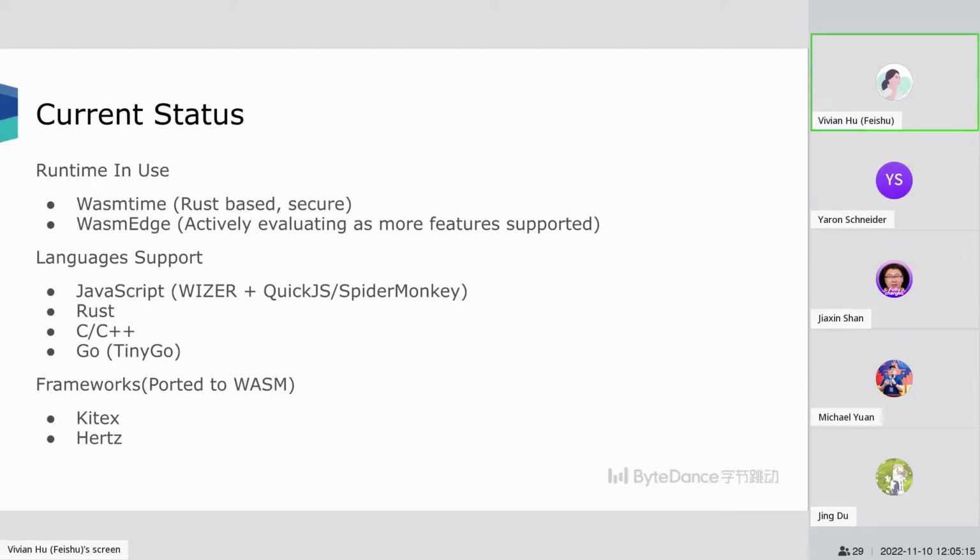QuickJS is much smaller, and although it is a little bit slower than SpiderMonkey in performance, the code base is very small. It is manageable, and if we want to add a new feature, it will be easier.